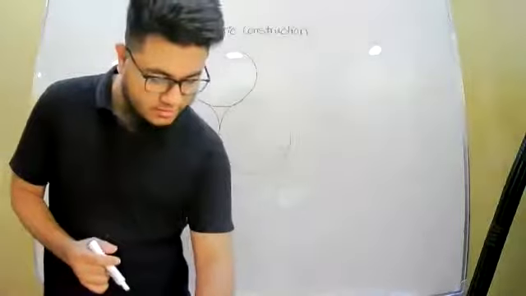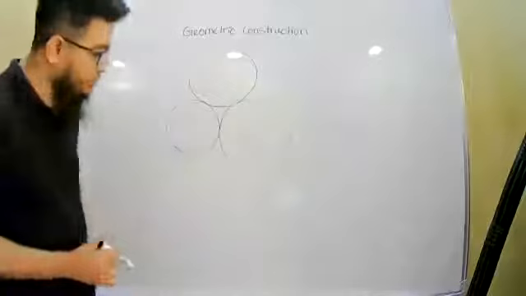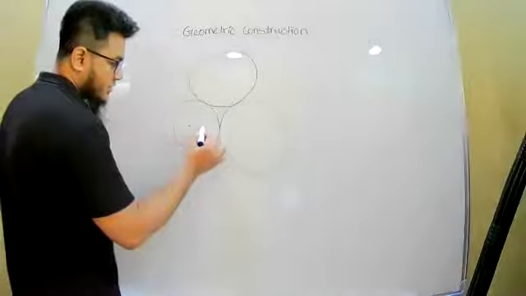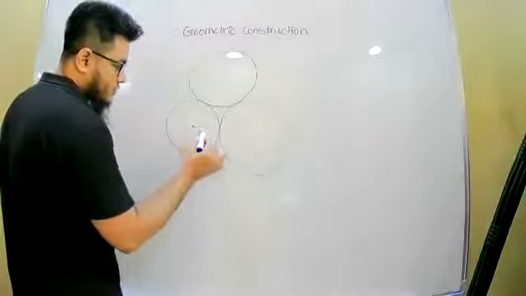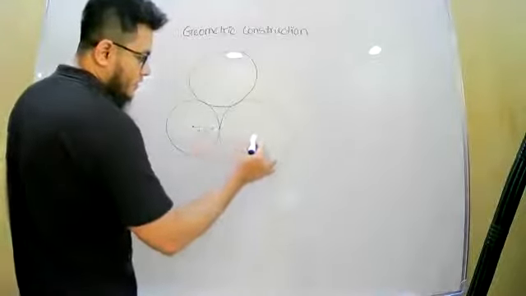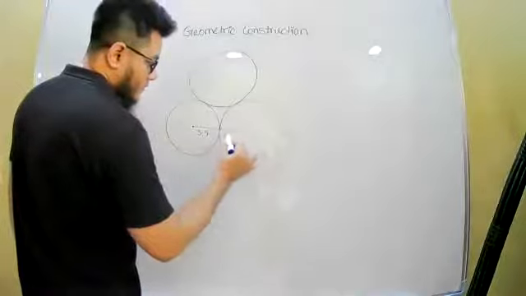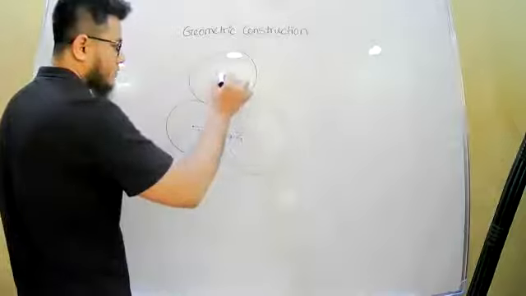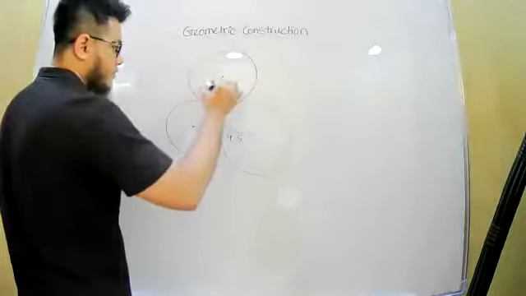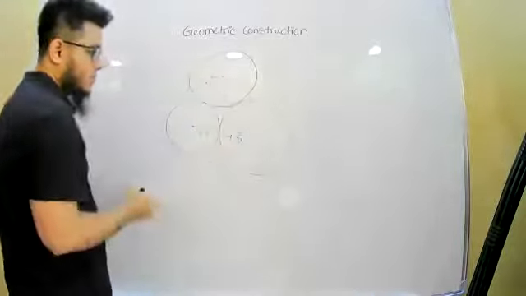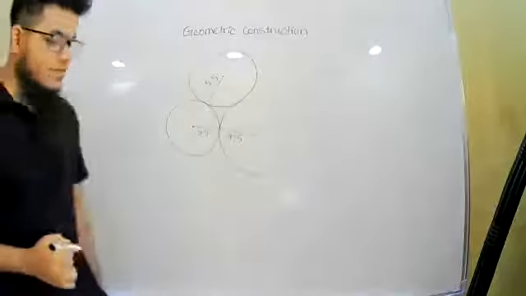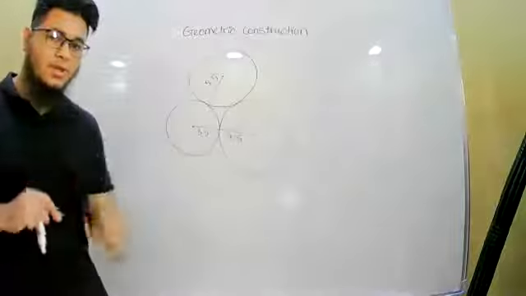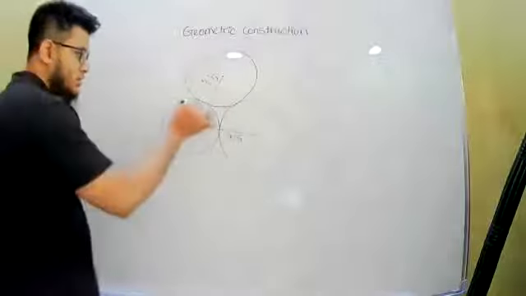And the radius of them are given as 3.5, 4.5, 5.5. So this one looks the smallest. So let us say the radius of this one is 3.5 and the radius of this one is 4.5 and the radius of this one is 5.5. Okay, now they say that if you join these 3 points, you will get a triangle. If you join the centers, you will get a triangle.